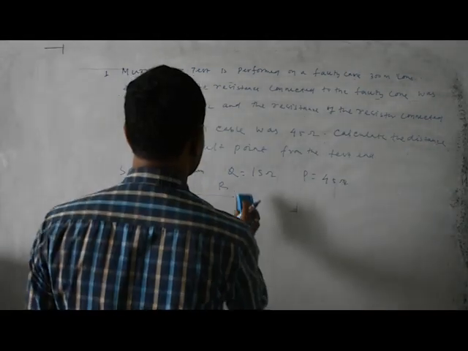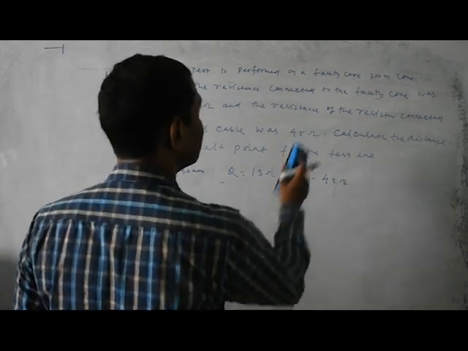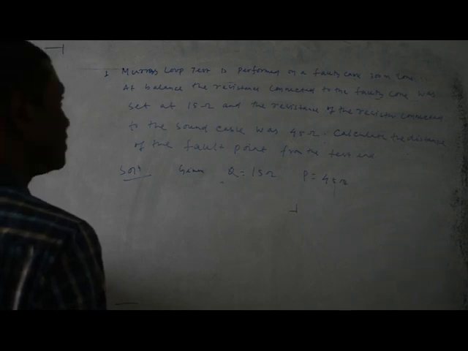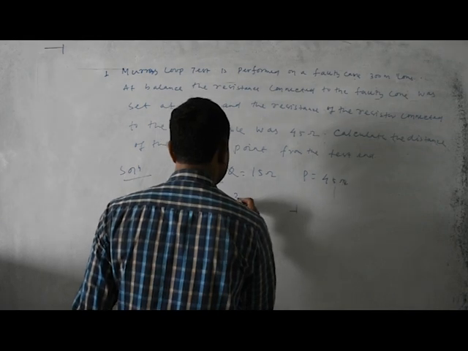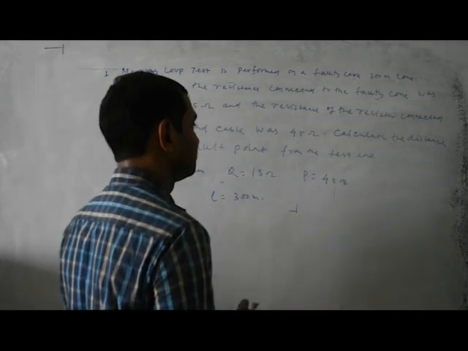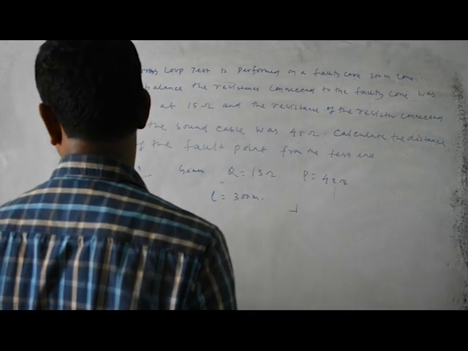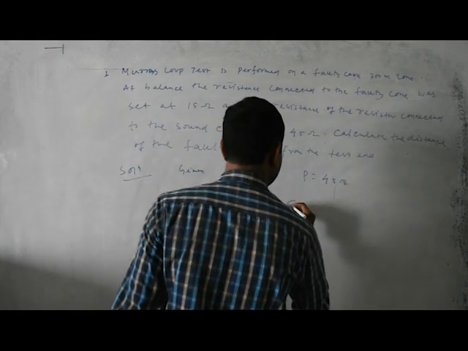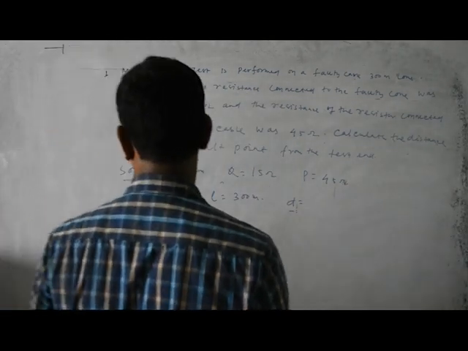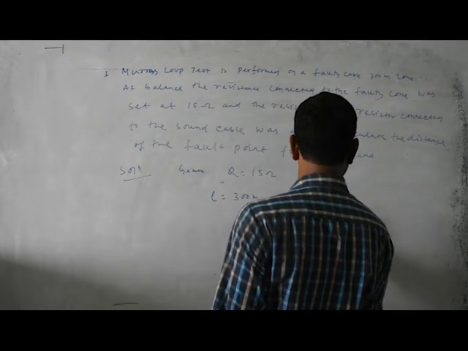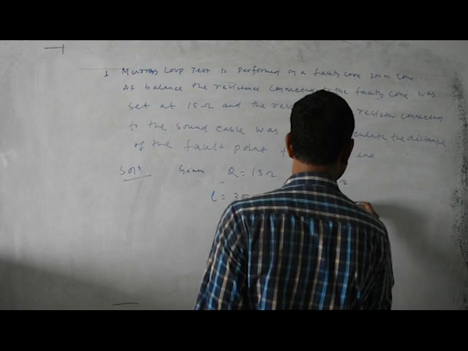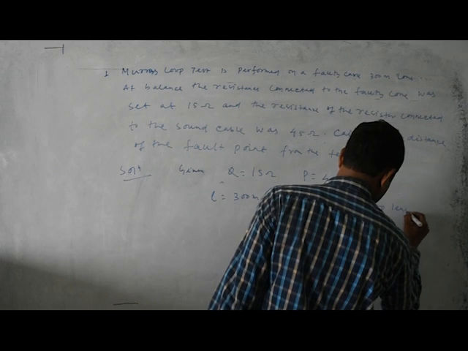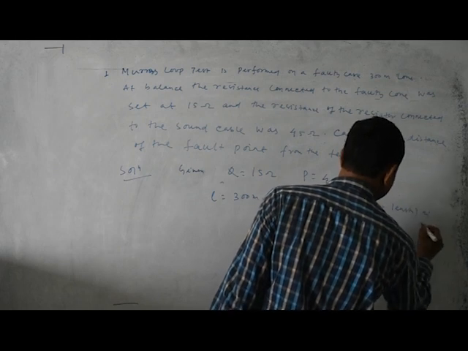Again, the given length is 300 meters, means L equals 300 meters. Now you have to find the value of D. You know D equals Q by P plus Q into loop length, in meters.